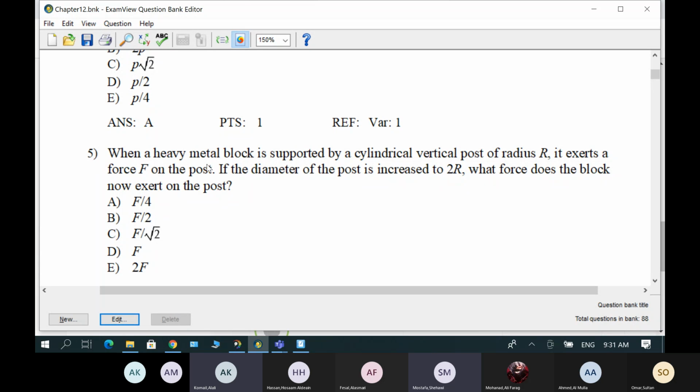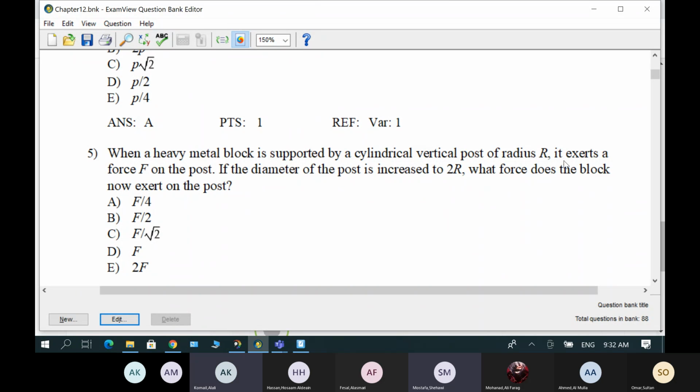If it has radius r, and the diameter of the post is increased to 2r, it's not increased, the diameter is 2r anyway. So this is maybe the radius. This is maybe a mistake, but let's solve it in this sense.